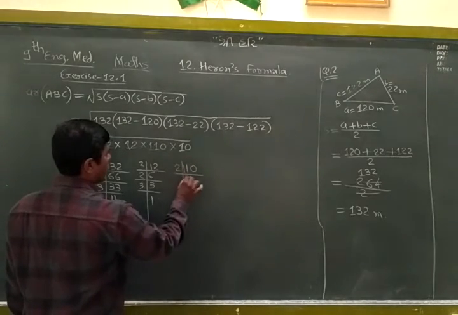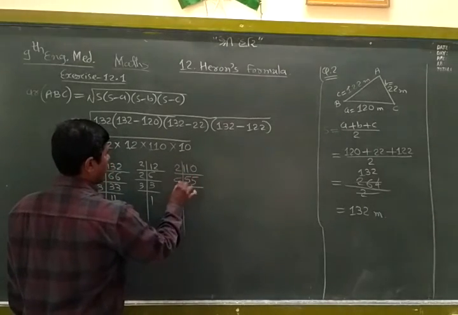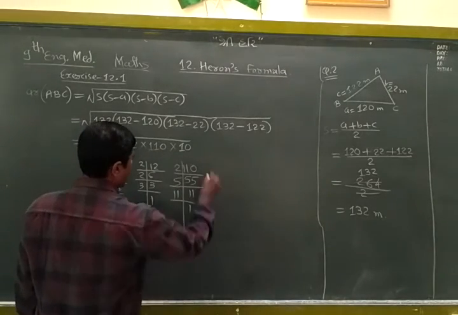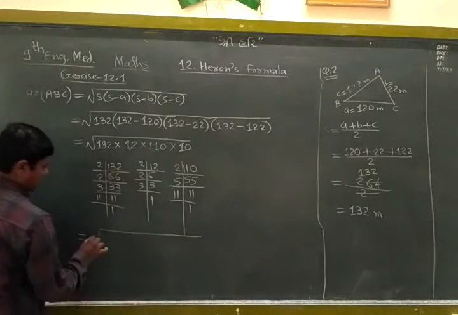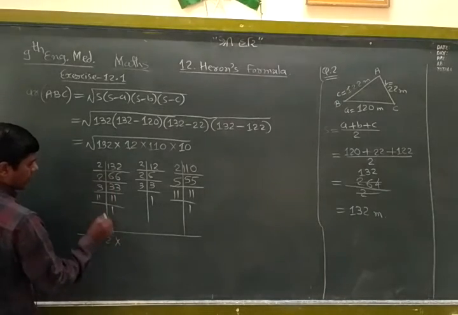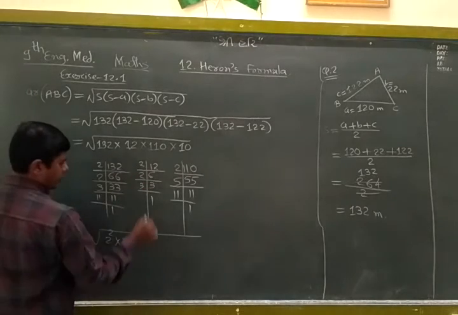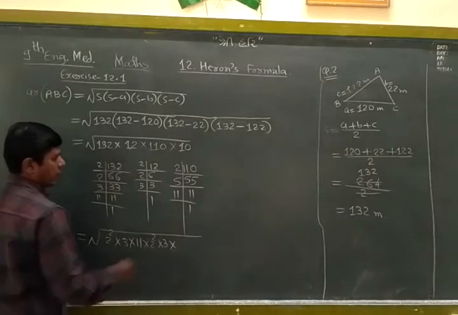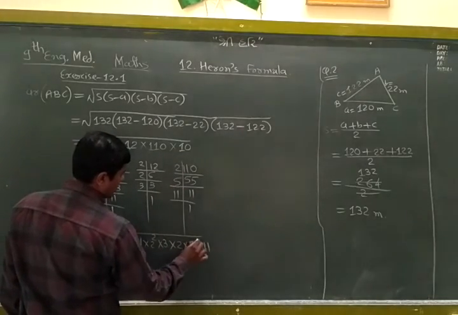So 2 fives are 10, 1 remaining, 2 fives are 10, 5 elevens are 55, 11 ones are 11. Put here 132: so 2 square, 3 into 11. This also 2 square, 3. 2, 5, 11. Okay.